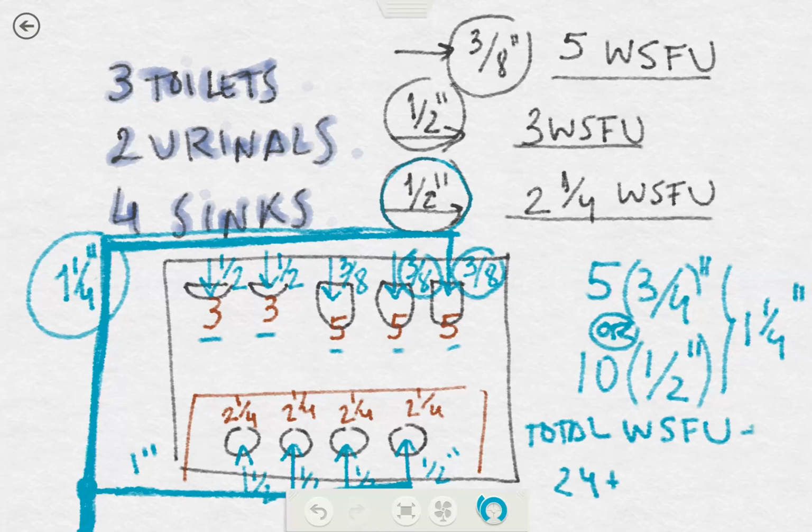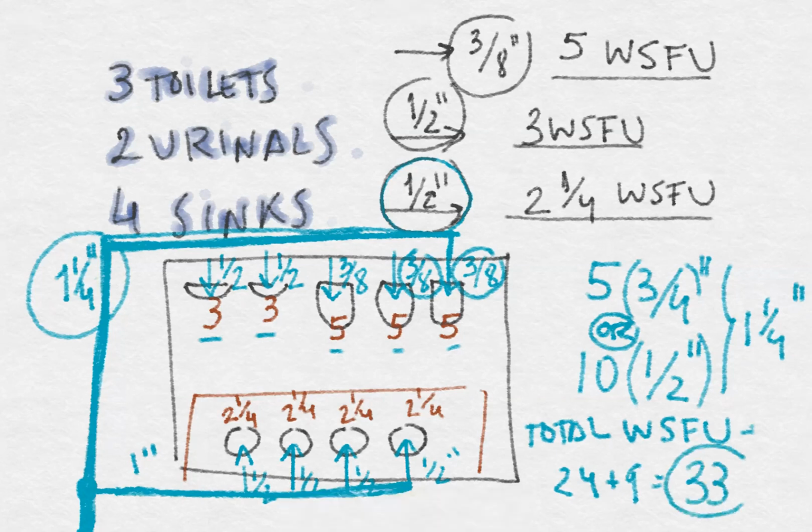I need a calculator to do this. 2.25 times 4 is 9, plus 24 is 33. So the total water supply fixture units is 33.